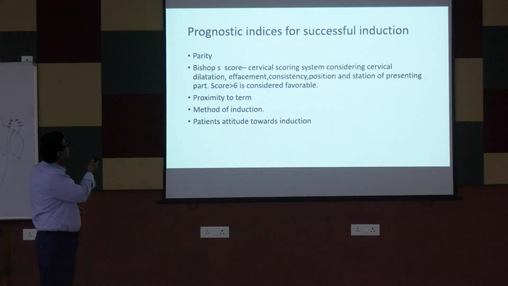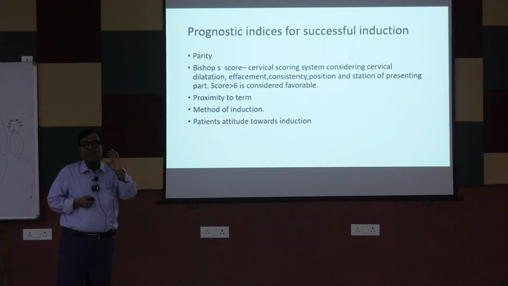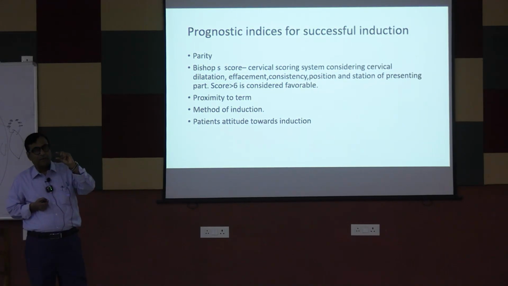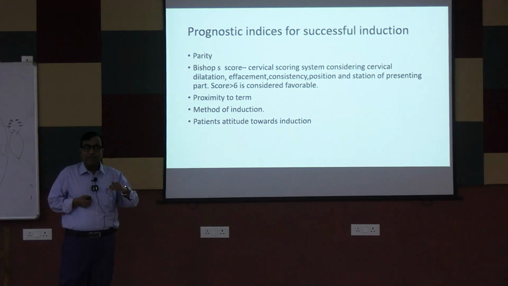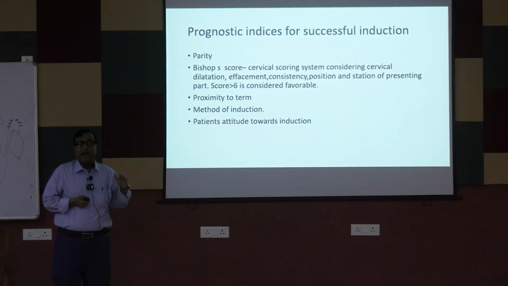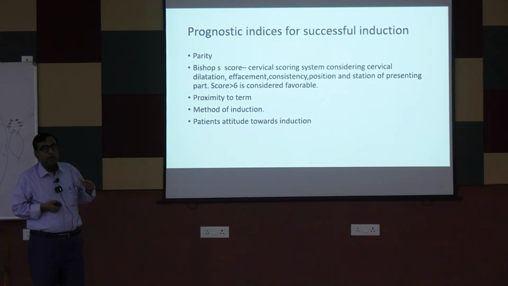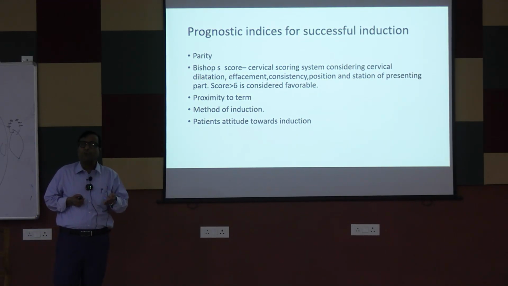Number 3, and most important, is Bishop's score. Bishop's score, cervical scoring. Here 5 points are considered: cervical dilatation, cervical effacement, cervical consistency, cervical position, and station of the fetal head. These 5 points are scored. If the score is 6 and above, we call it a favorable cervix and we go for induction.